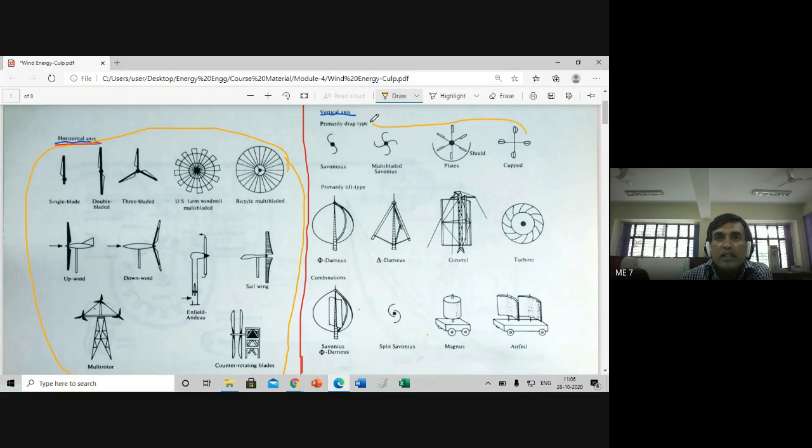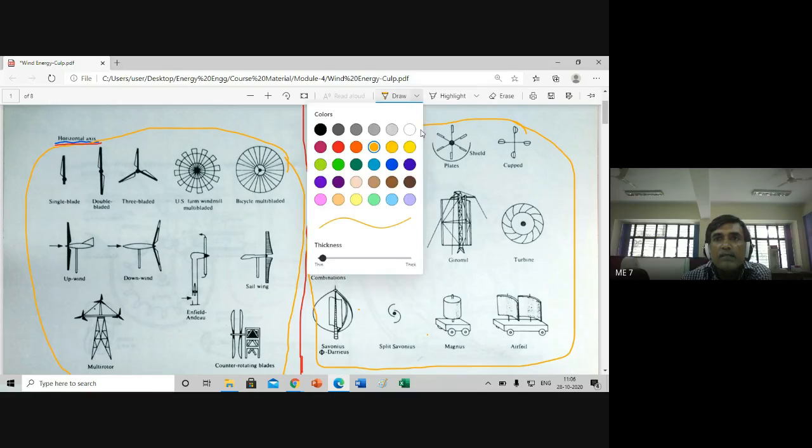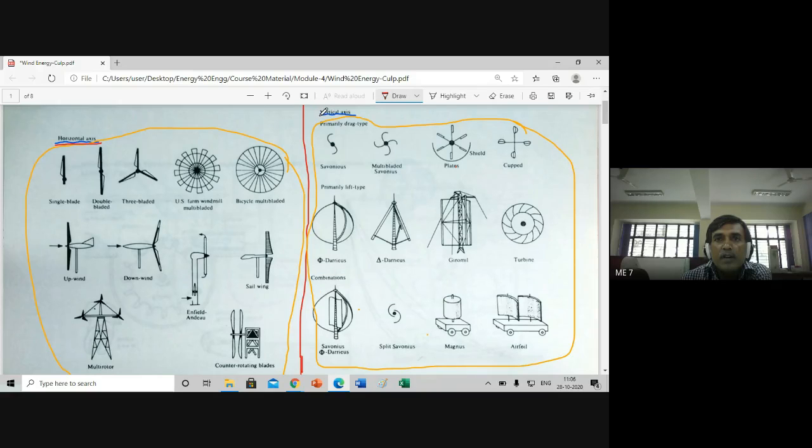All these are primarily drag type. All these rotor blades are vertical axis.